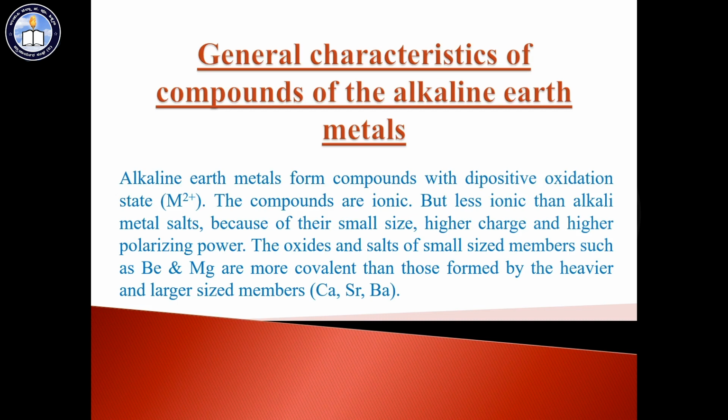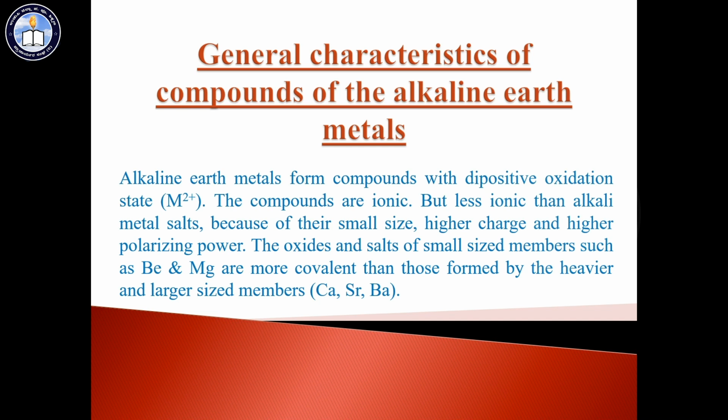Let us study general characteristics of compounds of the alkaline earth metals. Alkaline earth metals form compounds with di-positive oxidation state, that is M2+. The compounds are ionic but less ionic than alkali metal salts.